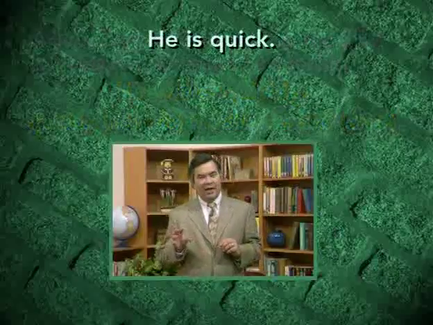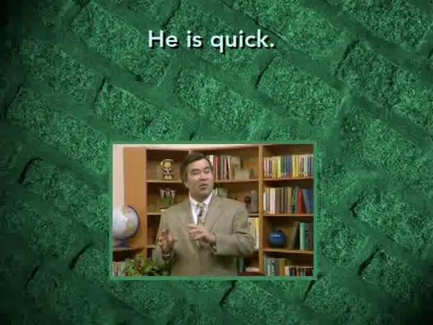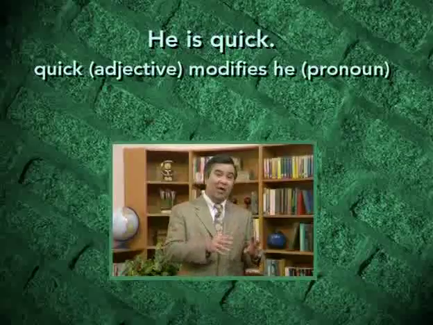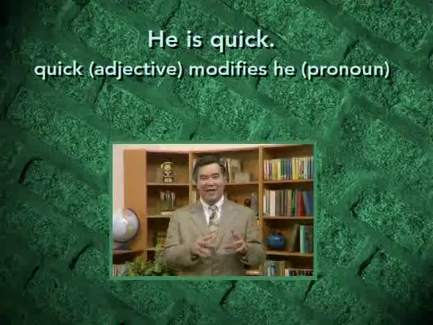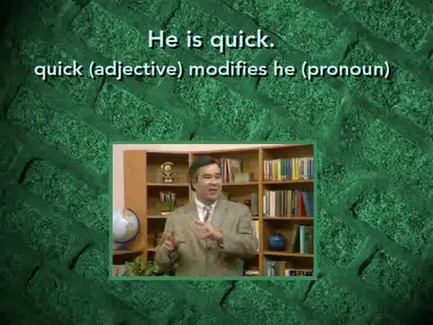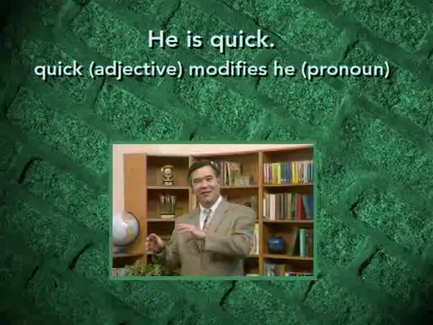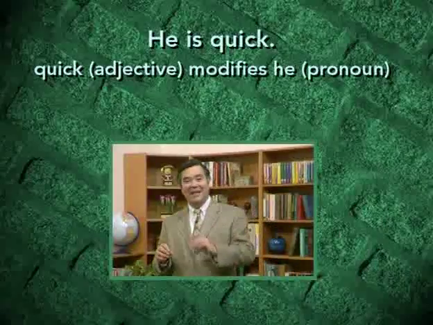The word quick, what part of speech is that in this sentence? In this sentence, the word quick is an adjective. It describes he, the pronoun he. It modifies he, tells us something about him. He is quick. And it follows the linking verb be and links the pronoun he with the adjective quick. So he is quick gives us a pronoun, a verb, and an adjective.